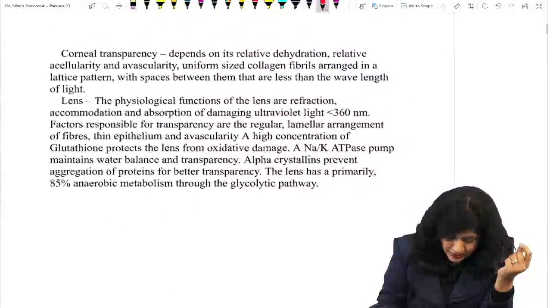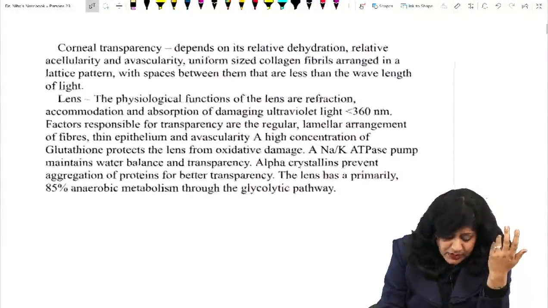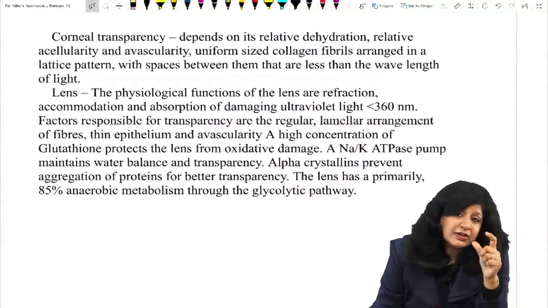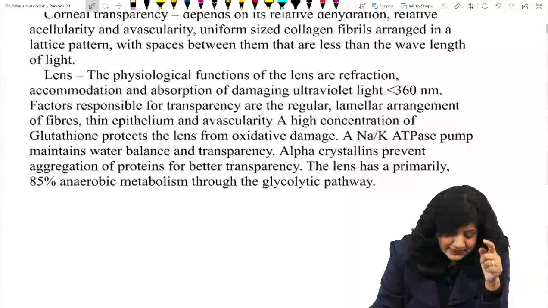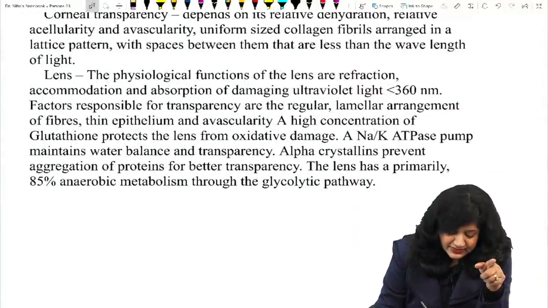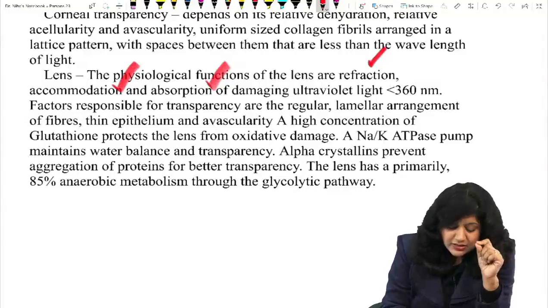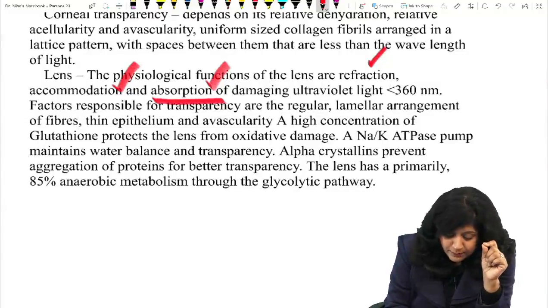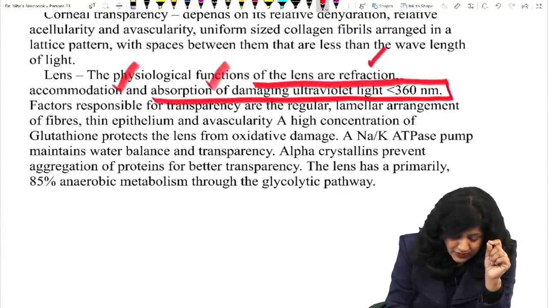Then they talked about how corneal transparency is dependent upon the fibril distribution, that is your Morris theory. Then an important line here, what they are saying is that the physiological functions of the lens are, that is your refraction, accommodation, absorption. So it is also absorbing the ultraviolet light, that is 360 nanometer or less.